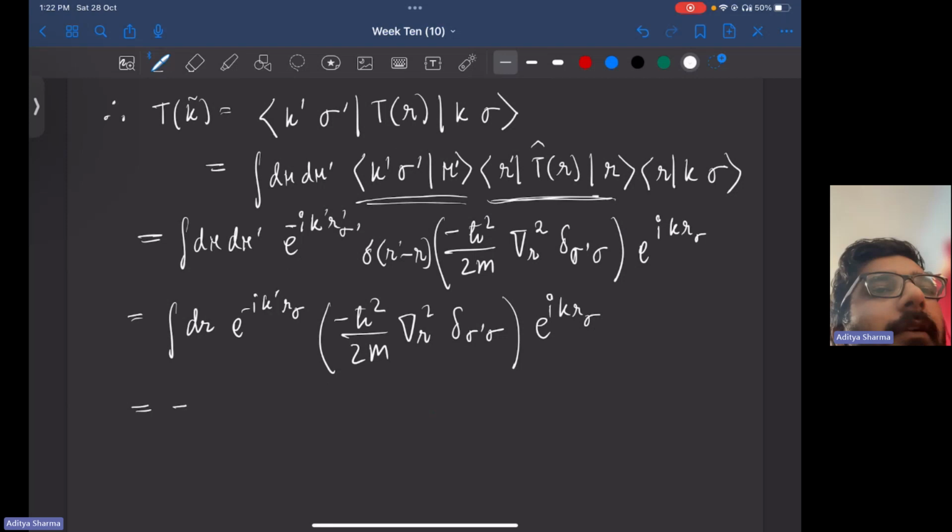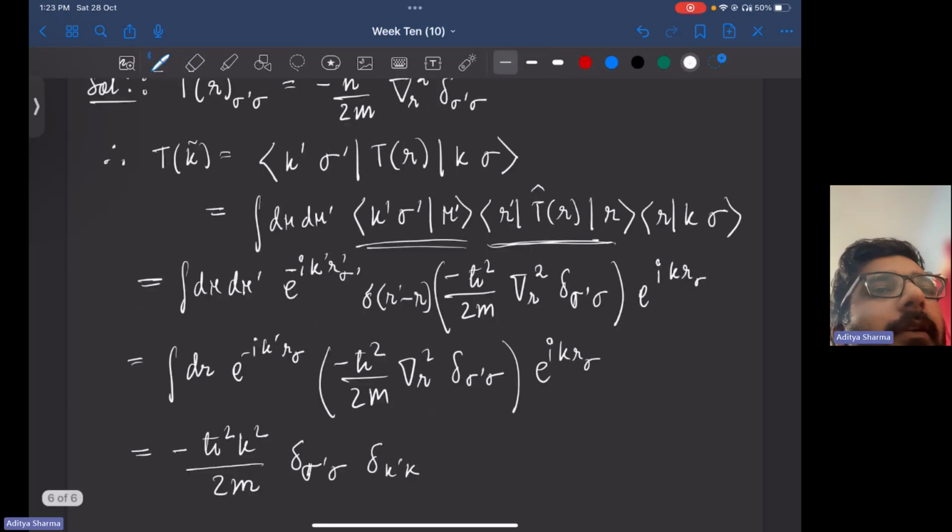This is going to give you minus h cut square k square by 2m, times delta of k prime sigma, delta of sigma prime sigma, and delta of k prime k. This is how you get it.